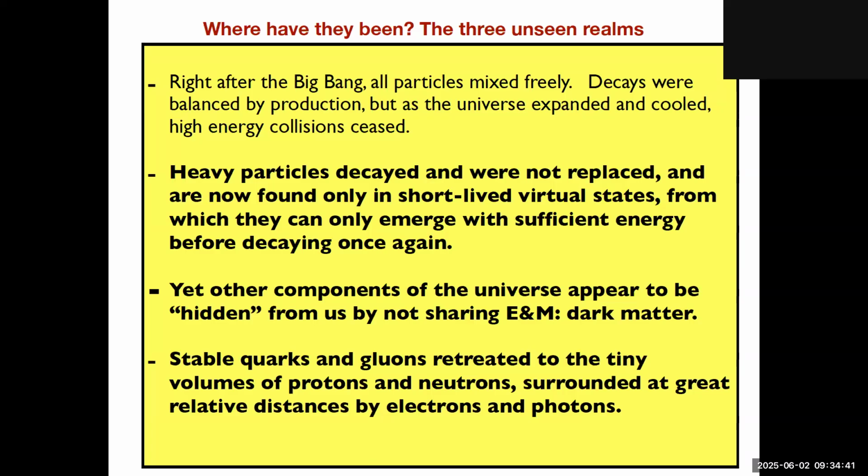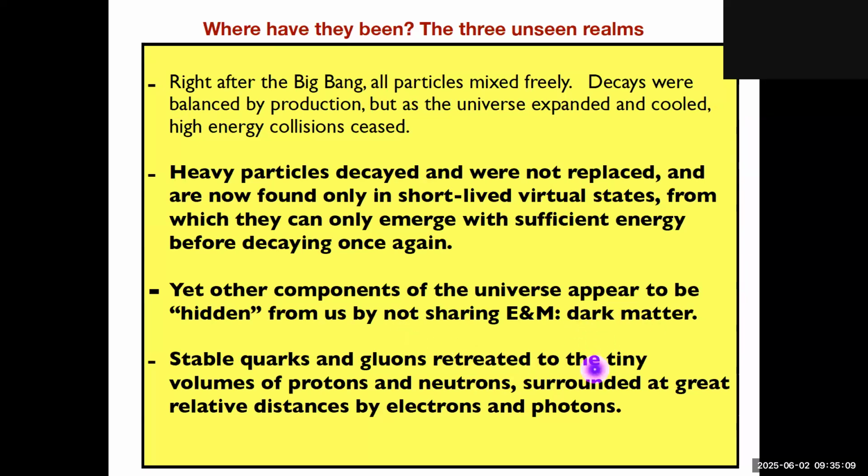This is how you make them. And that's what accelerators are for. Yet other components of the universe appear to be hidden from us by not sharing electricity and magnetism, QED, or QCD. This is dark matter, but it's entirely possible that they have the weak interactions, and that's how you hear about weakly interacting massive particles, WIMPs, and things like that.